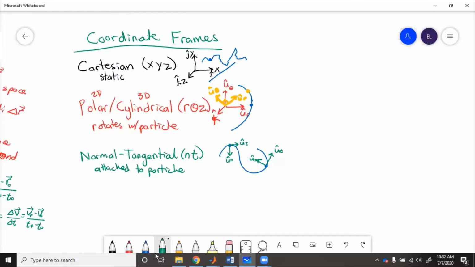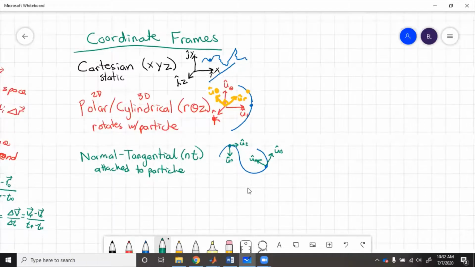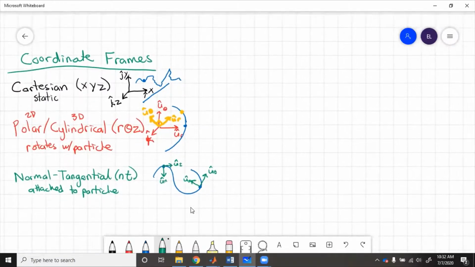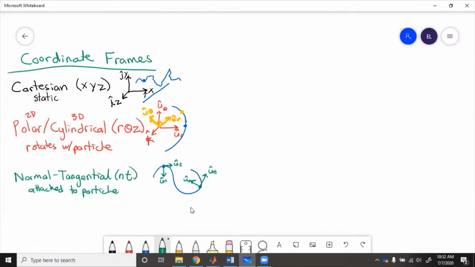So we'll actually look at when do you use each type of system. Which coordinate frame you use depends on the motion that your particle is going in. So to start, the first thing you do, start here, is you want to check the path.